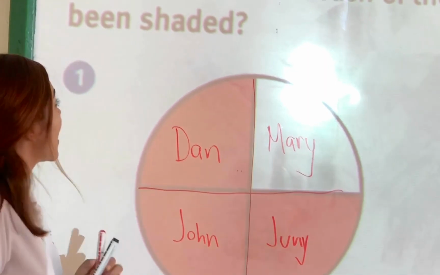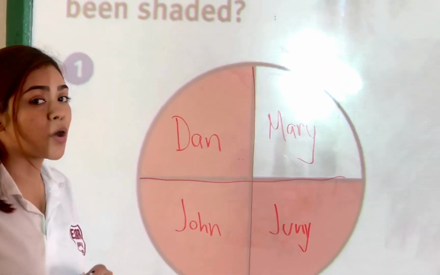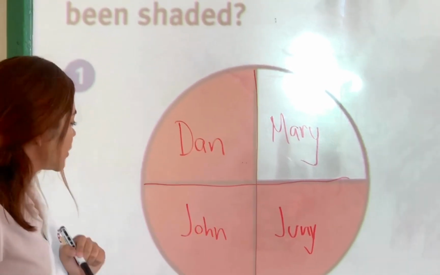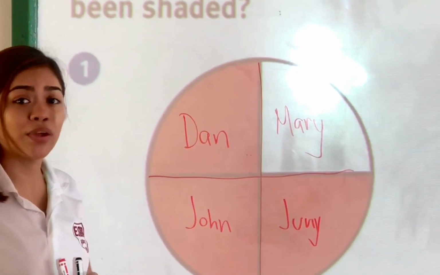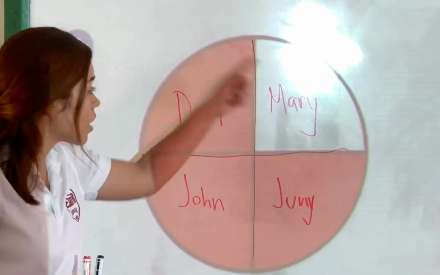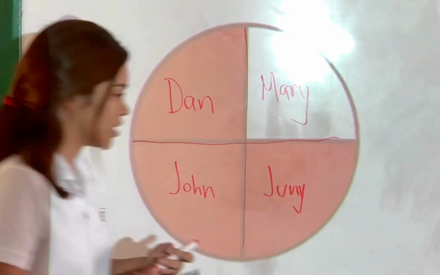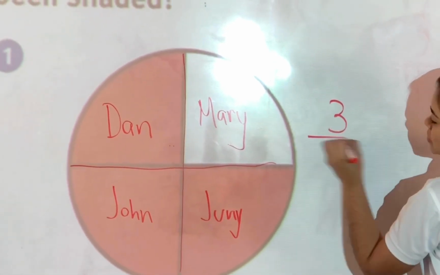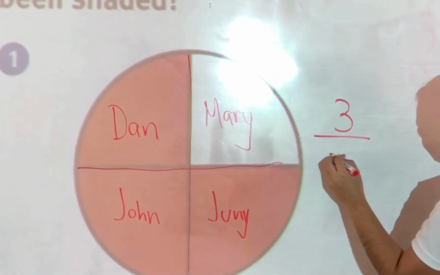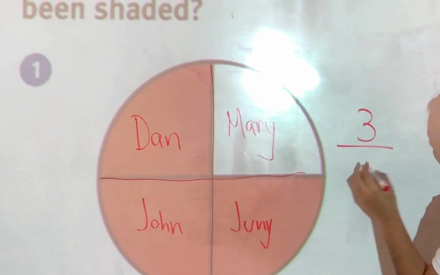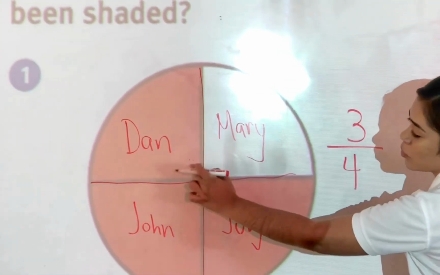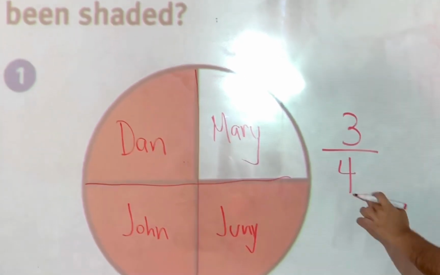So, since we have to check the shaded parts, let's count. 1 part, 2 parts, 3 parts. So we have 3 parts out of 4 parts shaded. And we are going to put it like this. 3 is my numerator because it goes up, and my denominator would be 4. 3 out of 4.